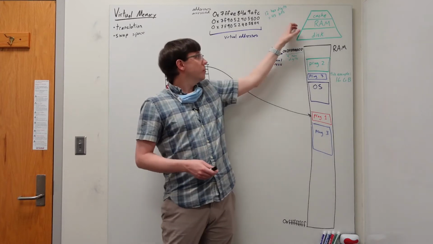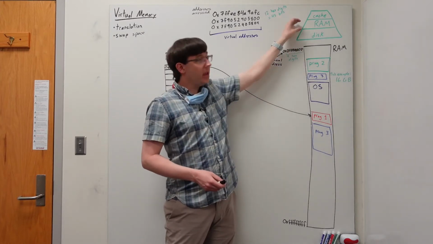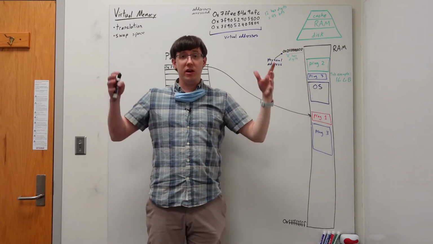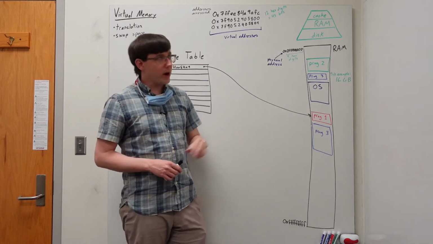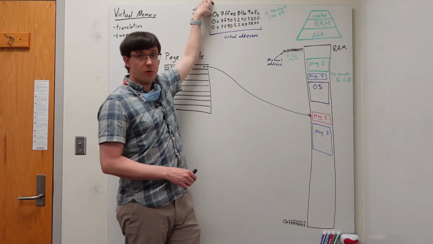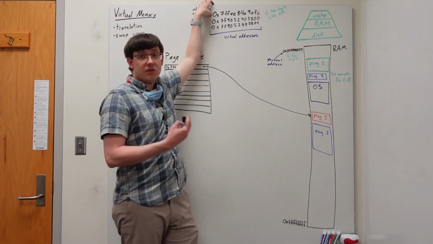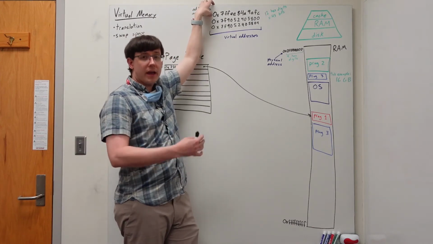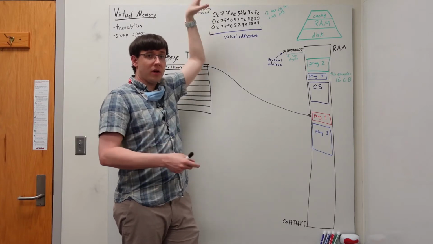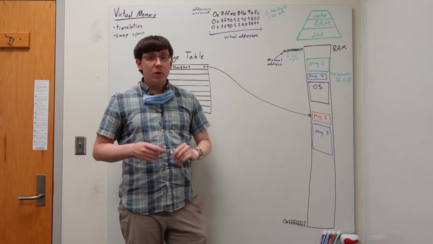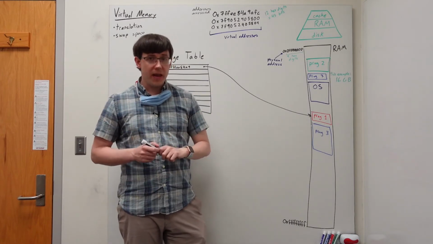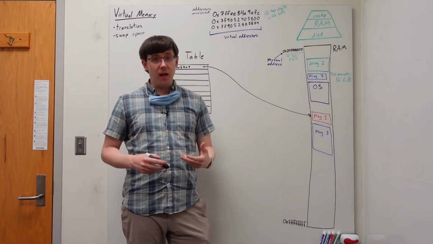But just like with blocks in cache, a page of RAM is a chunk of consecutive memory addresses. So if our program has put data at this address, which is in the stack frame for main, then that address is part of a chunk of memory called a page. The most common size of a page is 2 to the 12 bytes.